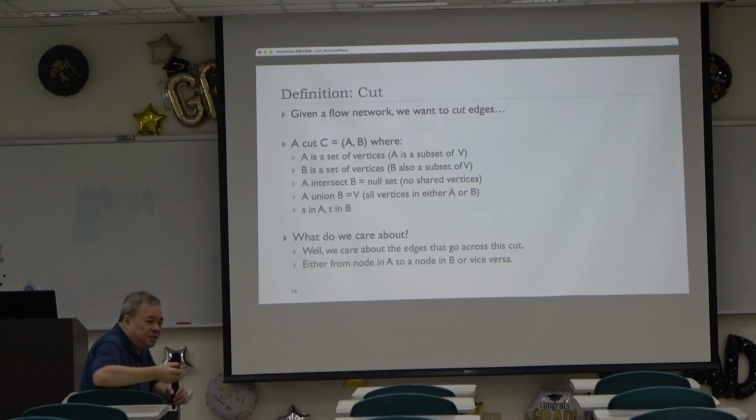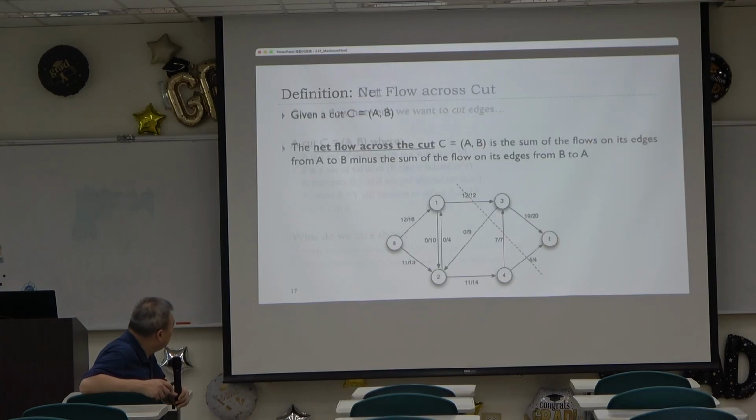Okay, so obviously, if source is contained in A and the sink T is contained in B, because the flow goes from source to sink, you would imagine there will be more flow coming from the subset A to the nodes in subset B. Okay, this is a very simple intuition, and it is true.